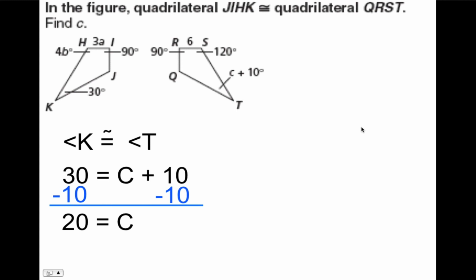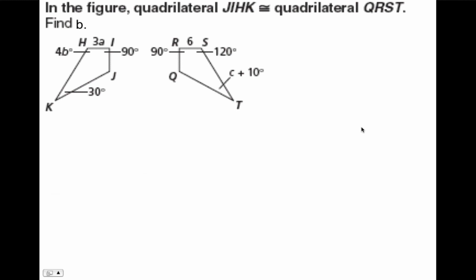So same figure, this time find B. Why don't you try this one on your own? Check back with me. So you can see that here in angle H, the measure of angle H is 4B degrees.